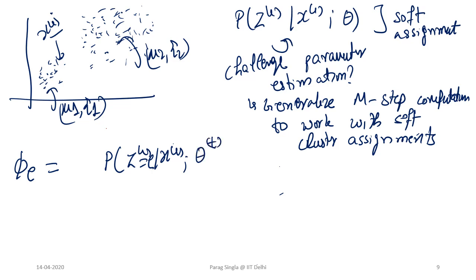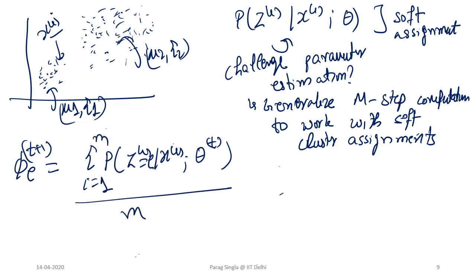This is t plus 1, denoting that I'm computing my parameters at time step t plus 1 using my estimation of cluster assignments at time step t. So I use theta t to compute these probabilities of zi equal to L, which are the soft assignments, and the rest remains the same. Instead of the indicator we have these probabilities, then sum over all examples, divided by the total number of examples.